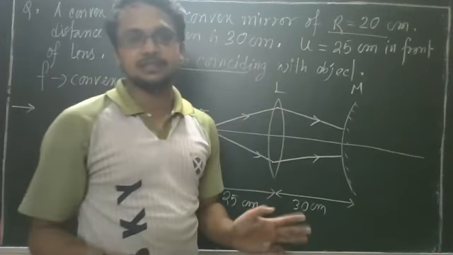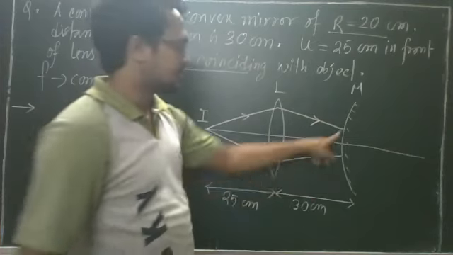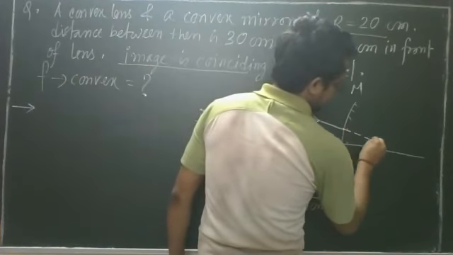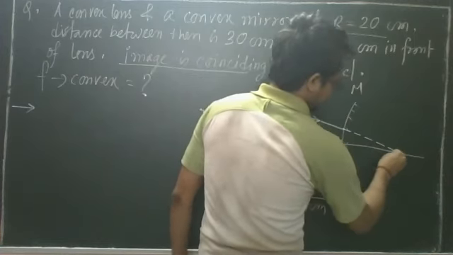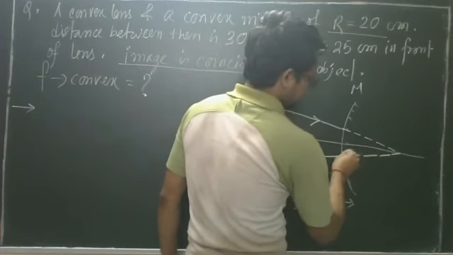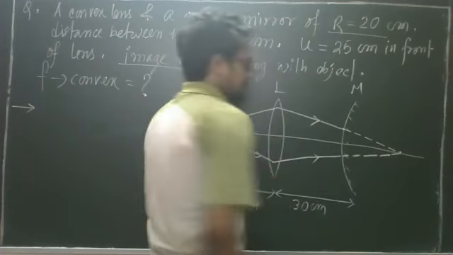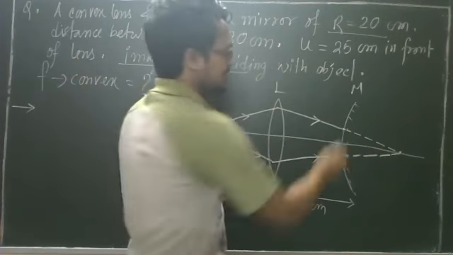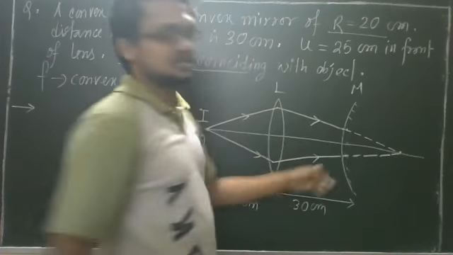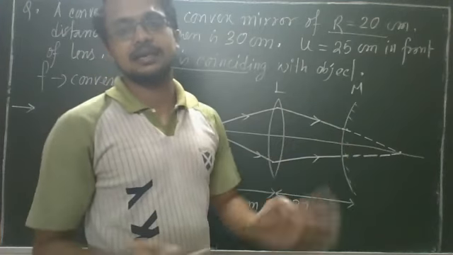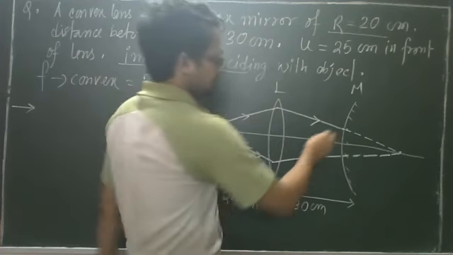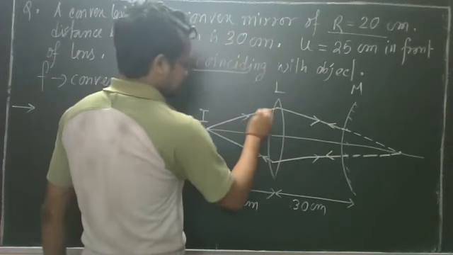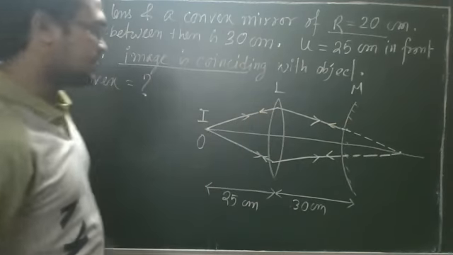The radius of curvature is the normal at that point. So if we draw the radius of curvature at this point, it is normal, which means the incident ray and reflected ray will coincide. It will reflect along this path and meet at point I.